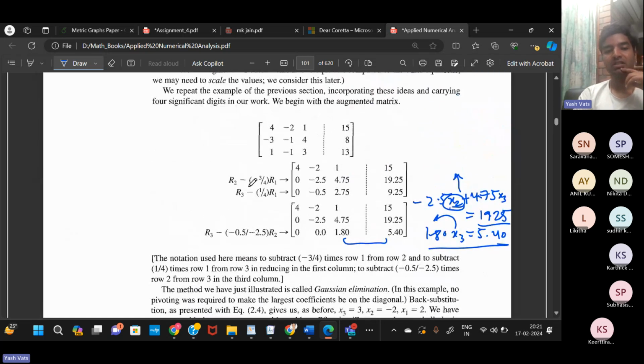R2 minus 3 by 4 R1, R3 minus 1 by 4 R1. Here they are dividing by 4 and multiplying also. You are dividing and multiplying in every row.